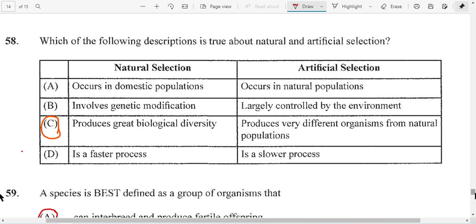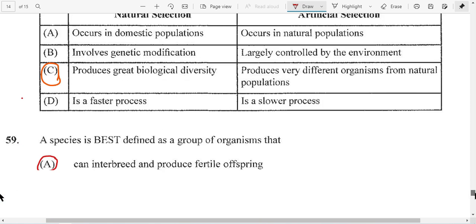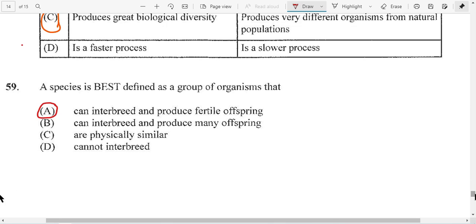And then we have artificial, which of course is going to be man influence, and this is going to produce very different organism from the natural population. You will understand that both abiotic and biotic factors there in the natural or in the wild will definitely impact the organisms differently.